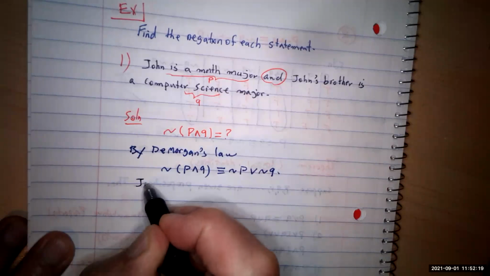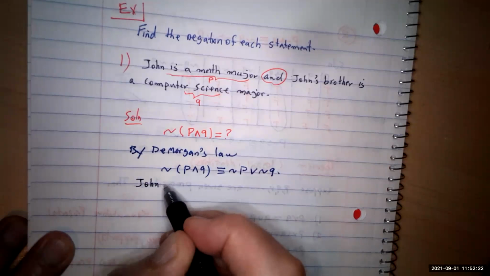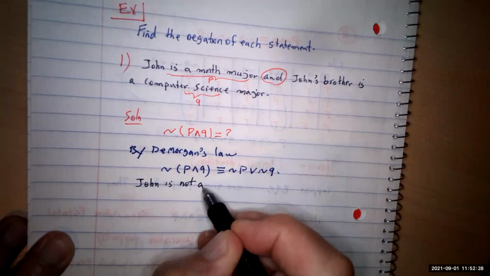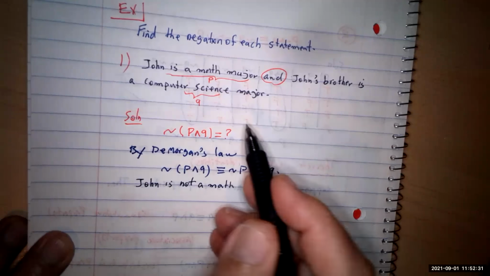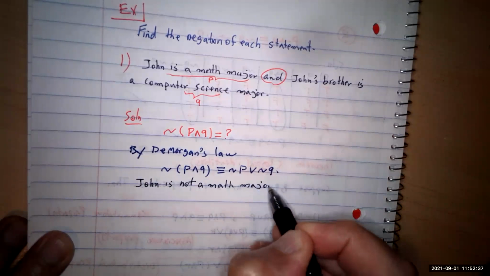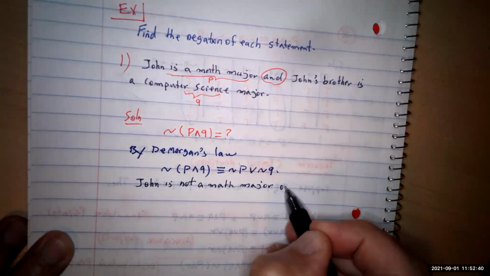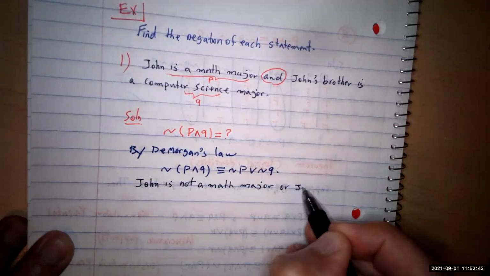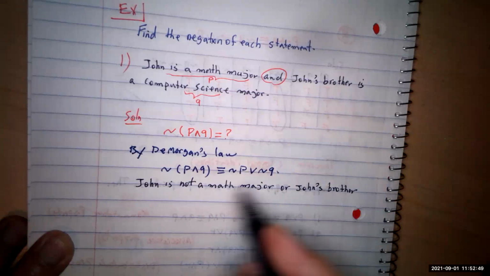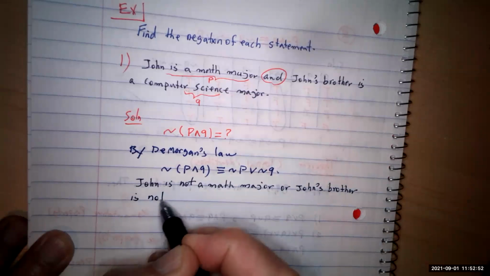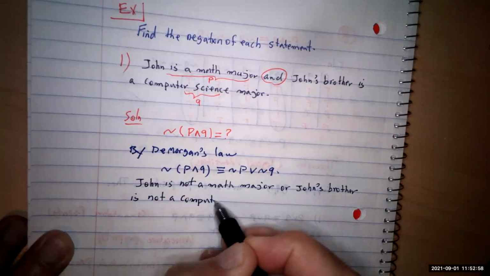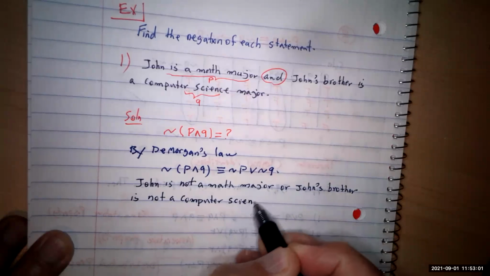So you have to write it down for us. This is the way I suggest: change it and then do it. Or sometimes if you feel very comfortable giving it right away, we accept it, but you better check it. So John is not a math major, or John's brother is not a computer science major.